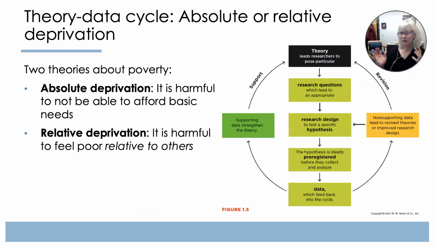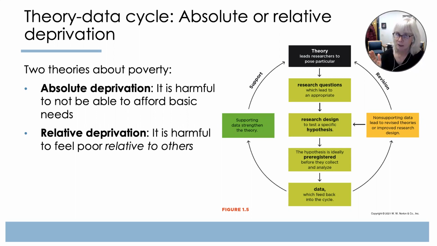So here's one example of how this might work. We have two theories about poverty that people have generally talked about: absolute deprivation, where it's just harmful to not have basic needs met. The relative deprivation model says it's harmful to feel poor relative to others.